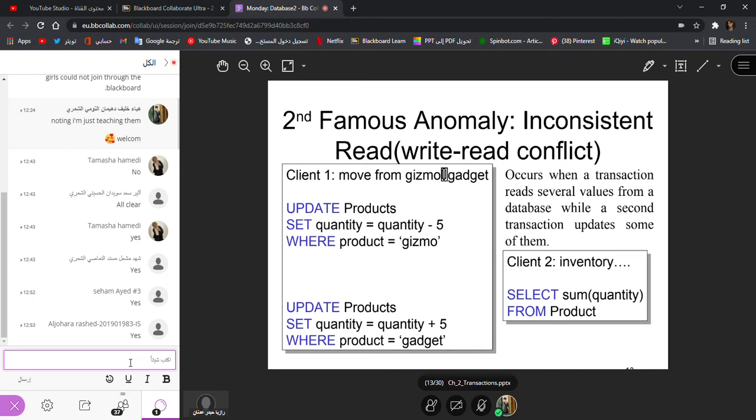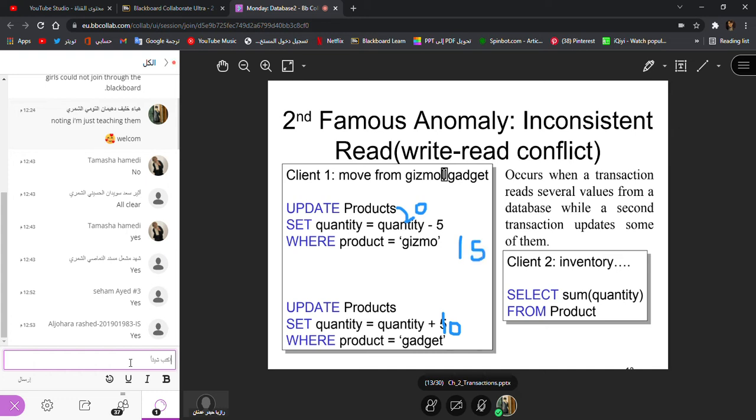We do not add 5 here because otherwise you cannot see the difference. I say 10 here, okay? Here 10, and this was 20. Now done, okay? So update the product quantity. Quantity is 20 minus 5. That means it now becomes 15, right?